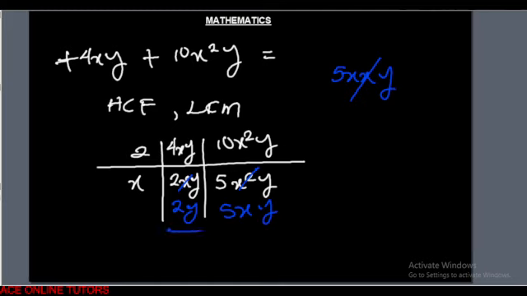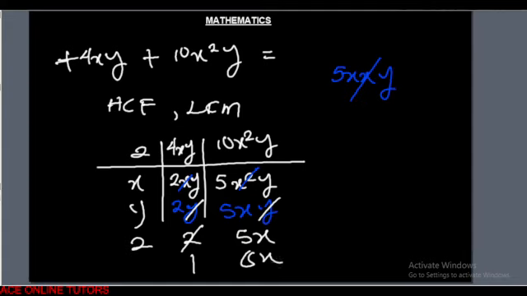So is there still anything that we can use to divide the two together? Yes, there is y. So y goes here, we are left with 2. y goes here, you are left with 5x. Is there anything that can still divide the 2? No. Then you don't divide again. If it is LCM, you still continue dividing; we still say 2 can divide this one, this will be 1, then we have 5x, then you divide by 5x.